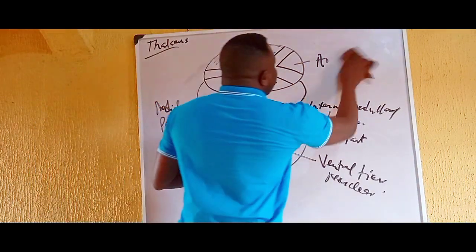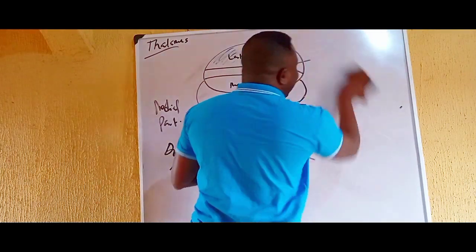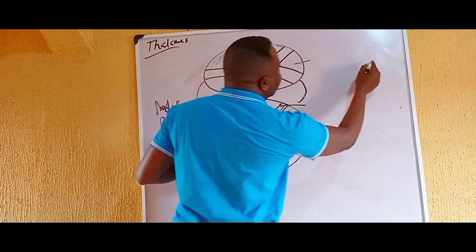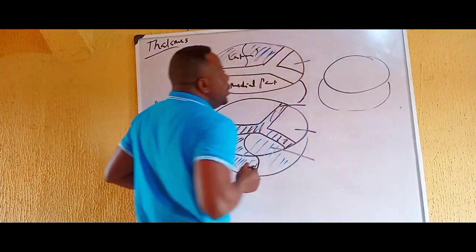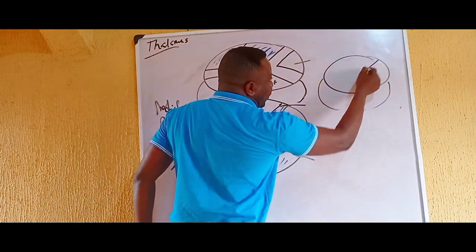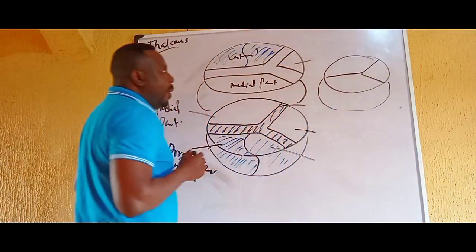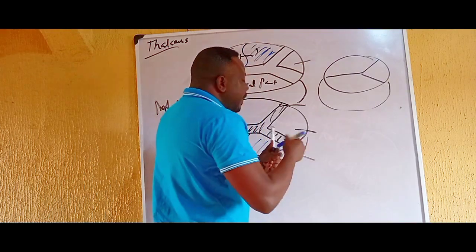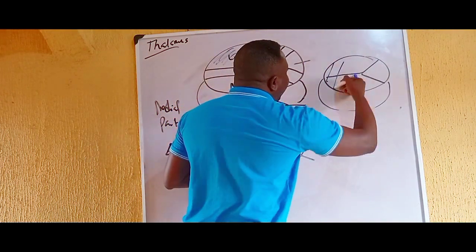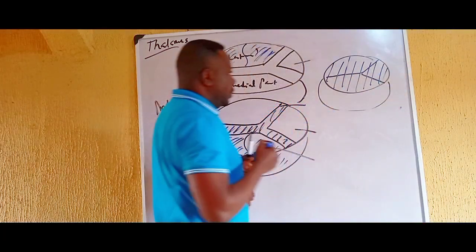Now, let me draw another structure of the thalamus. If you look at the thalamus, you observe that this is the internal medullary lamina. Now, there is a white matter sheet that covers the superior surface of the thalamus.